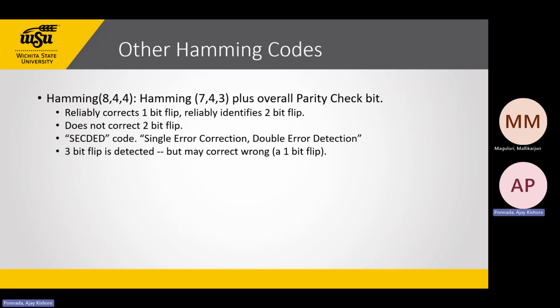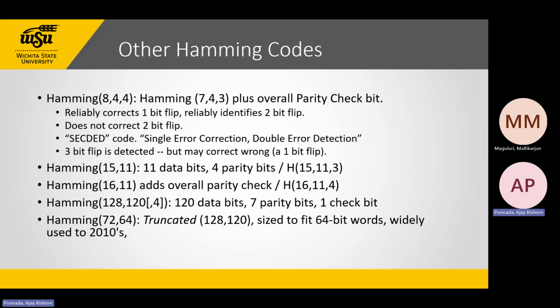So 8 4 and 7 4. That's the difference. It adds a parity bit check. So it reliably corrects 1 flipped bit, identifies 2 flips, does not correct 2. Single error correction, double error detection. 3 flipped bits are detected but may be corrected wrong.